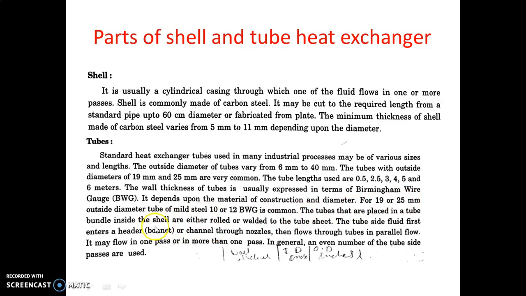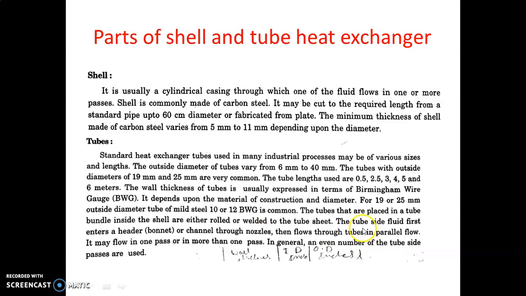We will discuss what is meant by tube sheet, or welding to the tube sheets. The tube side fluid first enters a header, that means a bonnet or channel is provided, through the nozzle, and then it flows in the tubes in parallel flow.